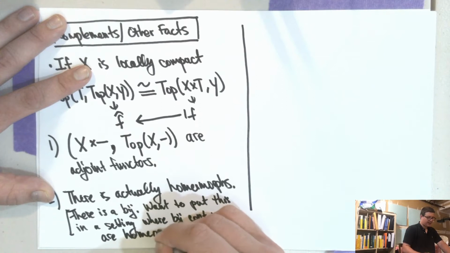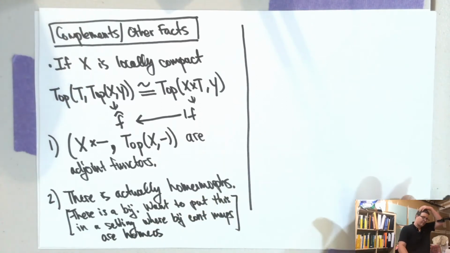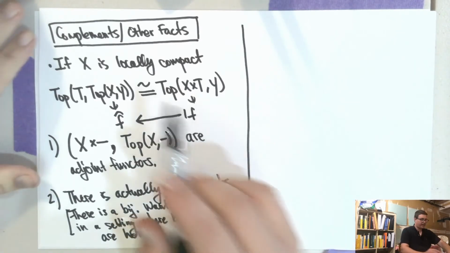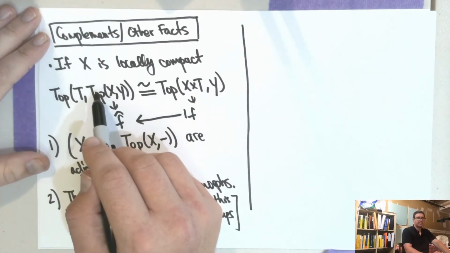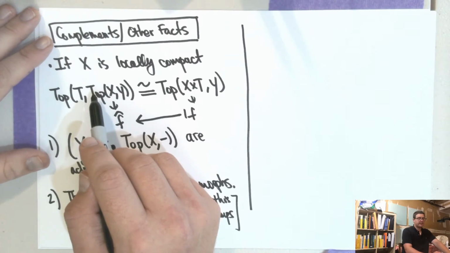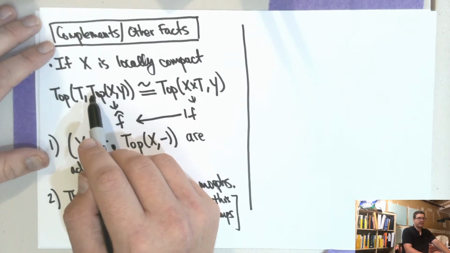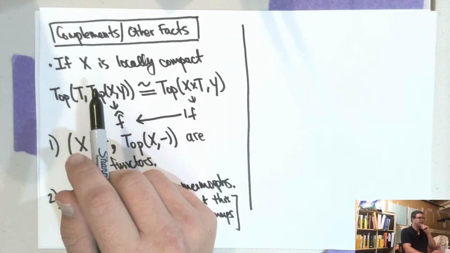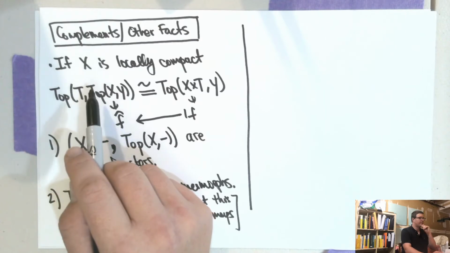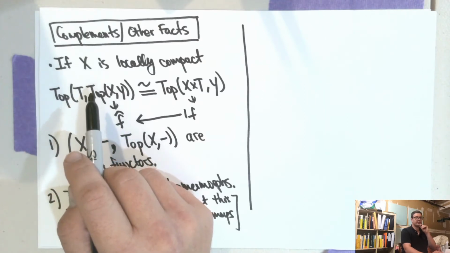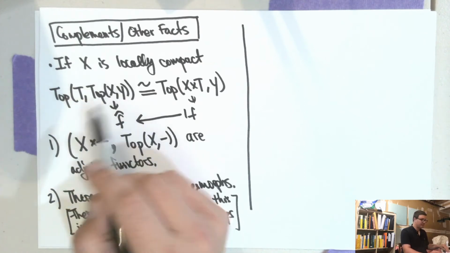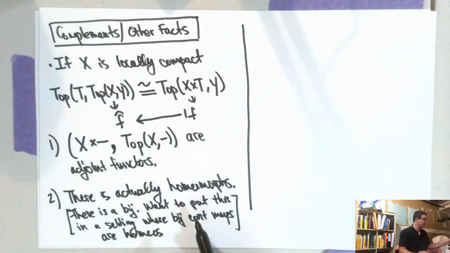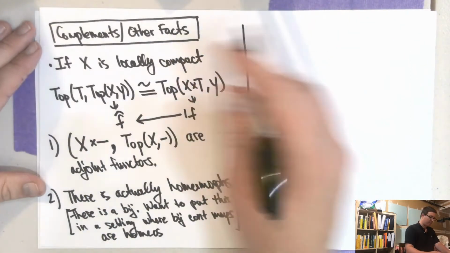I don't remember it off the top of my head, so I can't remember if X needs to be compact or locally compact. But we would need this topological space to be, I think, locally compact, and then either compact. So if they're Hausdorff, is that just enough? I think one of them needs to be compact Hausdorff, but we did this at the very beginning. This is the type of thing that you want to use to prove this. So this is the big point, this adjunction.